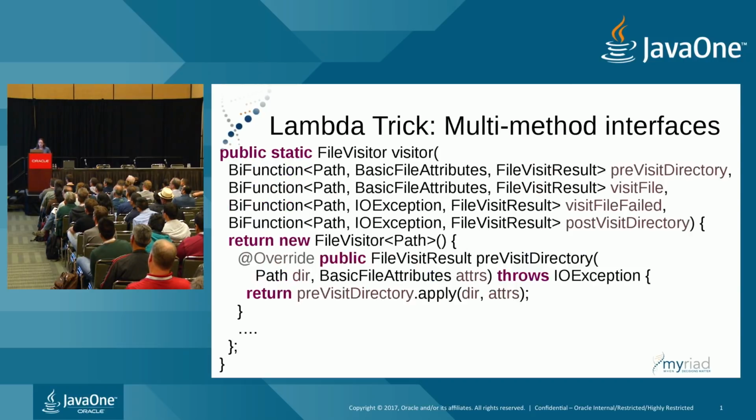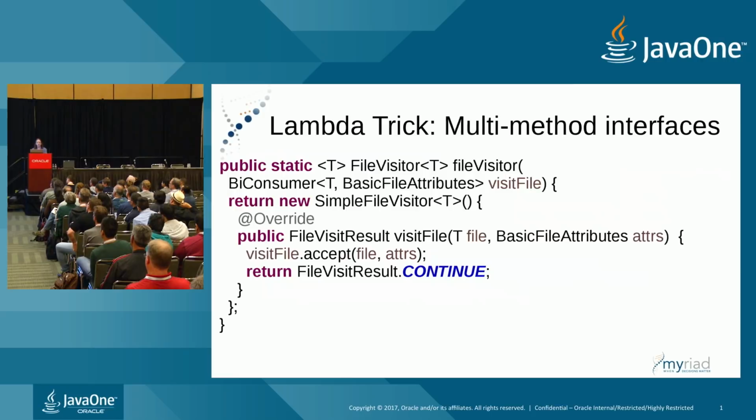But what we did before was we were using these standard Java interfaces in java.util.function, and all of the interfaces in the java.util.function package, none of them declare that they throw exceptions, and so we're going to run into trouble.